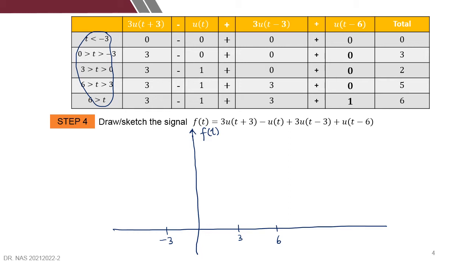Okay, so let's put in all the amplitudes in the graph. If t is less than minus 3, the amplitude is always 0. When t is minus 3 to 0, the amplitude is 3.